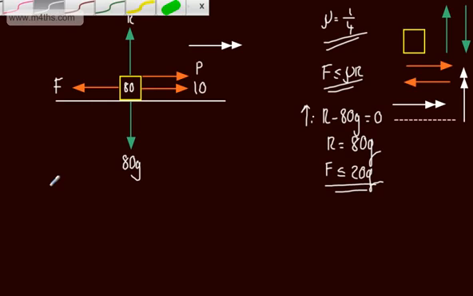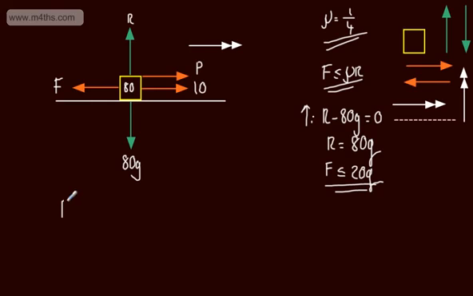So what we could say is the following. P minus, in fact we'll add the 10 first. P plus 10 minus the frictional force at its maximum, so let's say frictional max is 20g. So we've cranked it up to its max.